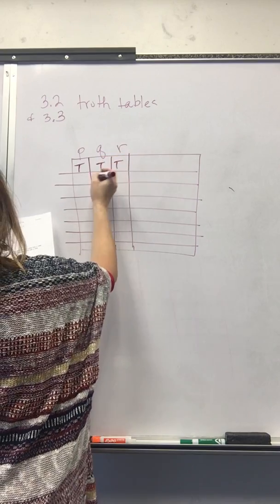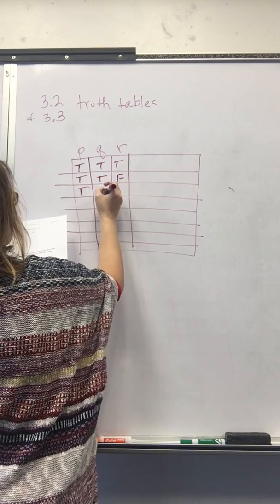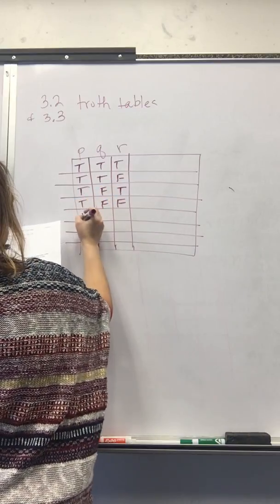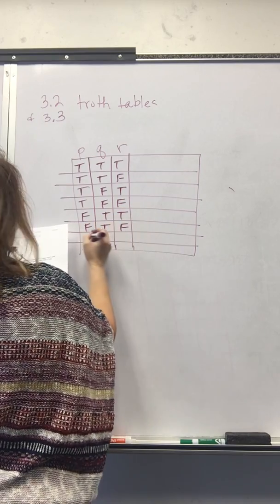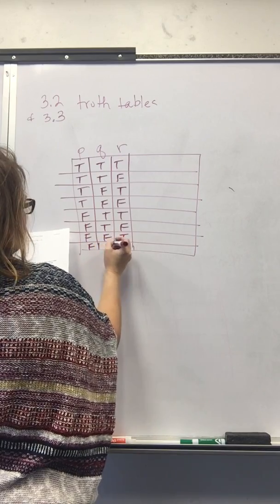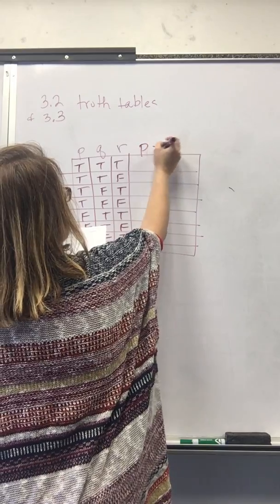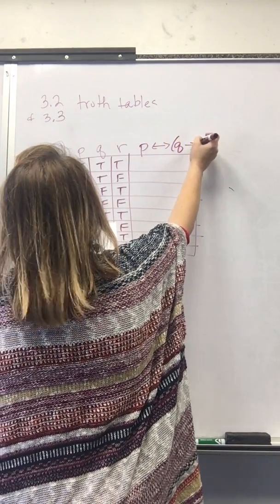I'm going to copy this down. There are the 8 cases, and this problem is the biconditional. We haven't done one of those together yet. I'm using that rule and the conditional.